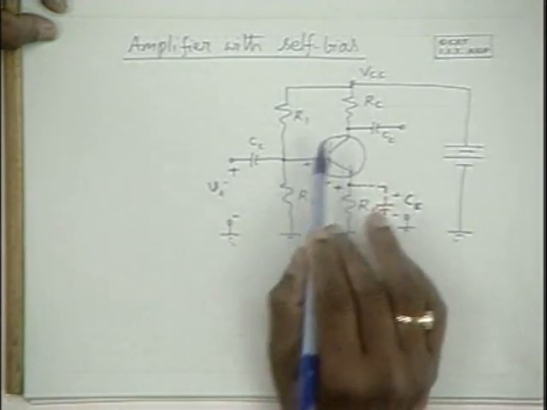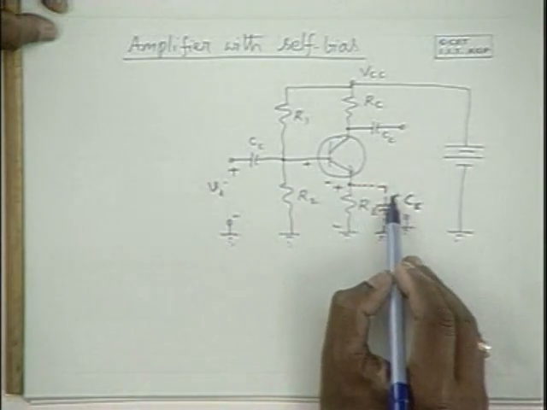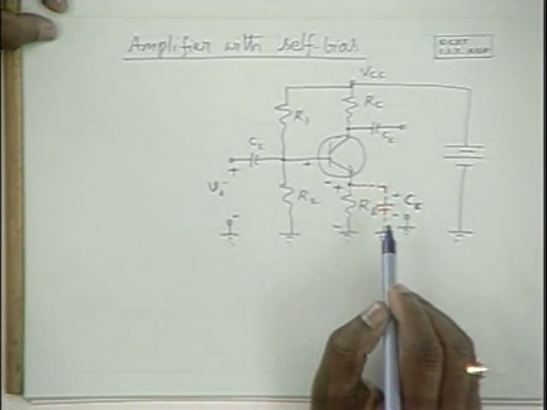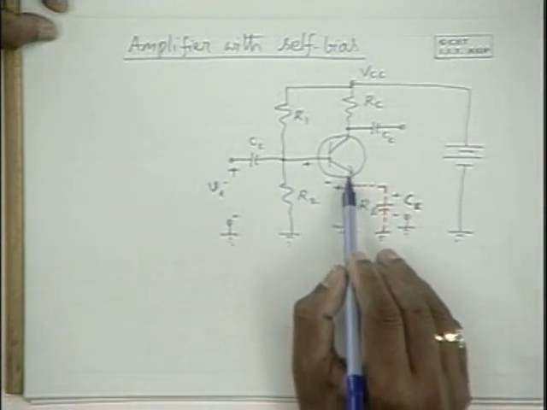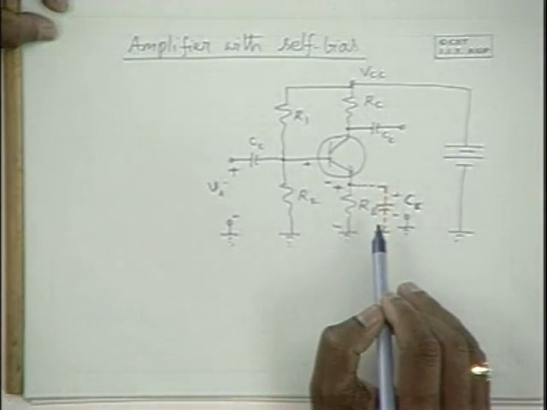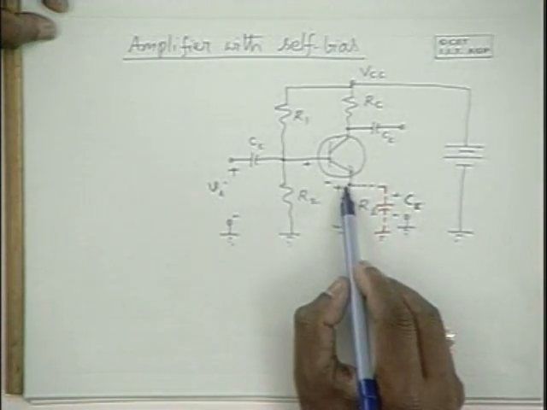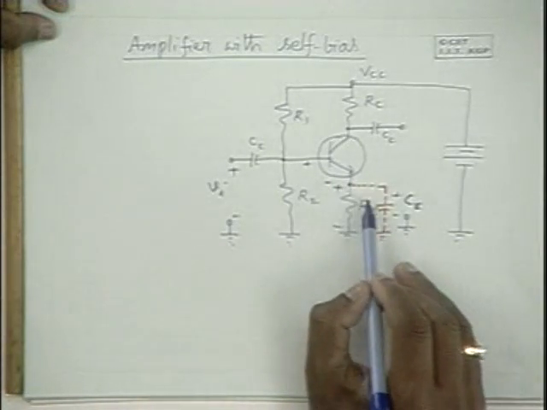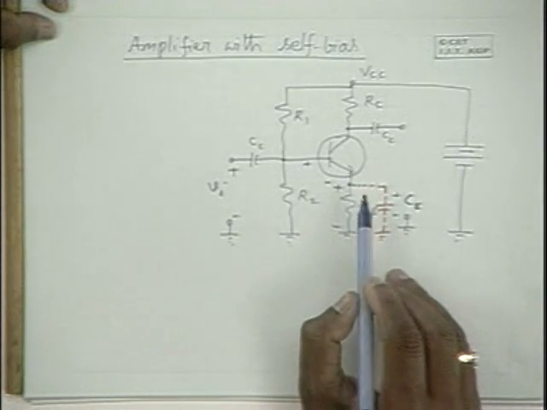So even when an alternating signal is applied, its voltage doesn't change much if C is very large. That is the reason why it acts like a short circuit as far as the alternating signal is concerned. So with alternating current driving through this, the voltage doesn't vary. That RE into IE, the DC IE, is maintained at a fixed level.